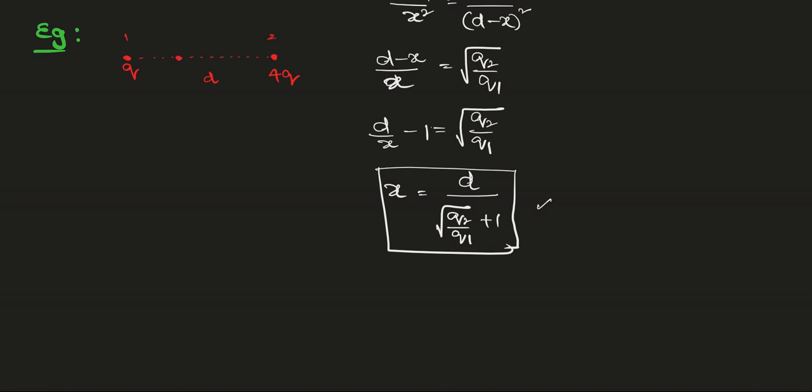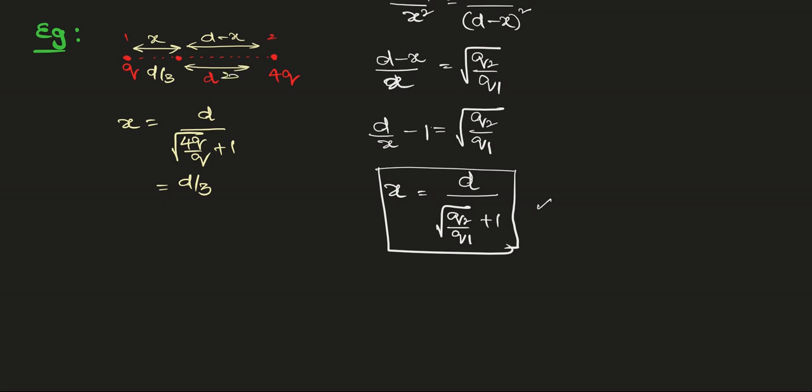If they ask like this, for that, if I assume this distance as x, this distance will be d minus x, so that you can use this formula. x will be equal to d by (square root of 4q by q plus 1), that will be equal to d by 3. So if this distance is d by 3, obviously this other distance will be 2d by 3. So that is how you can find null point.